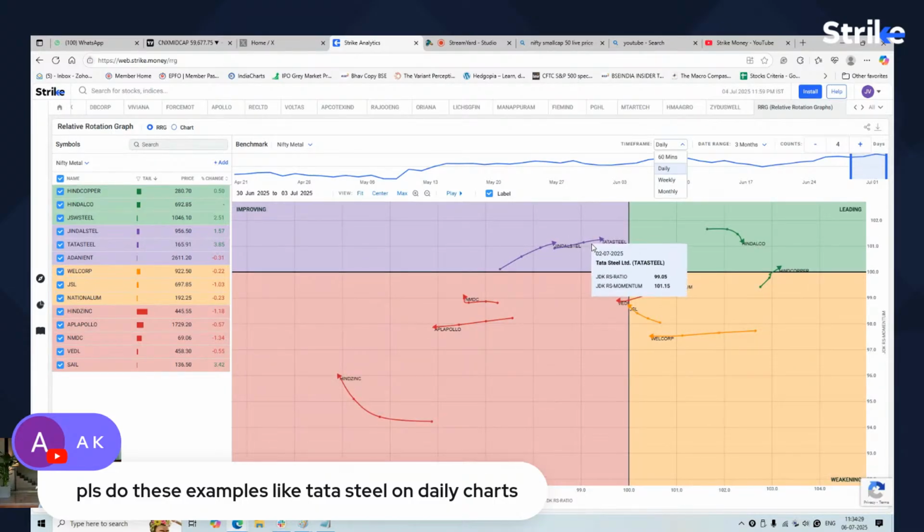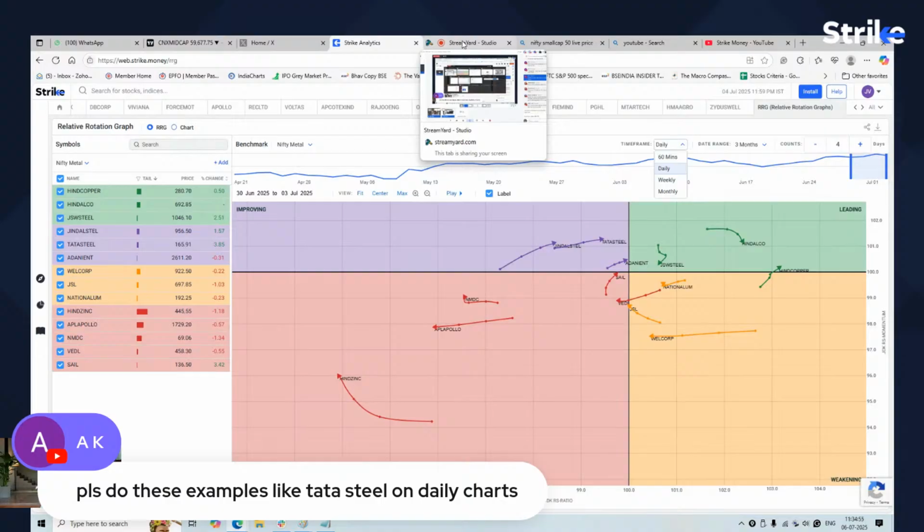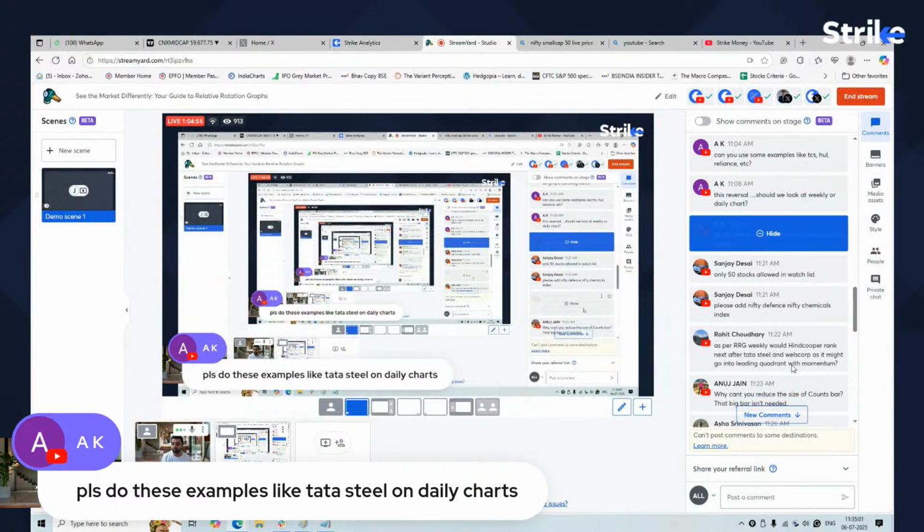Ideally, the better thing would have been if Tata Steel was moving towards the north east side, so that it would mean that even the momentum is rising higher. The momentum is rising, but at a very slow pace. Nevertheless, because the weekly is also good and turning around, and Tata Steel is moving towards the right, maybe we can end up seeing some good move over there.